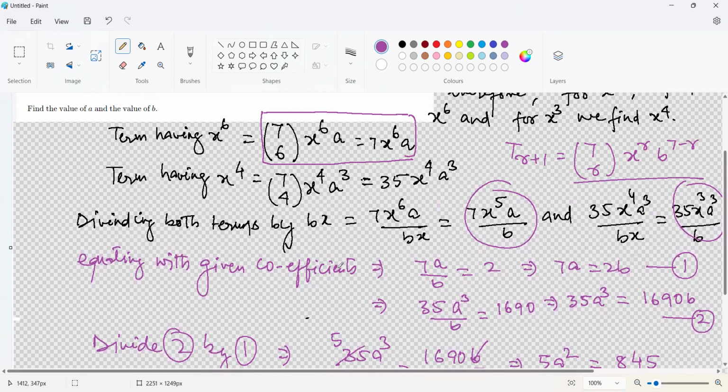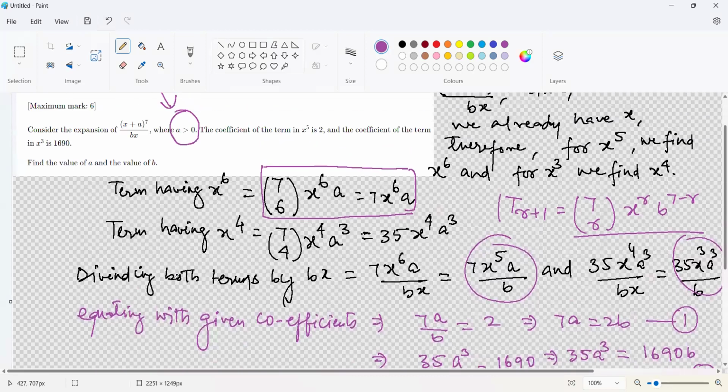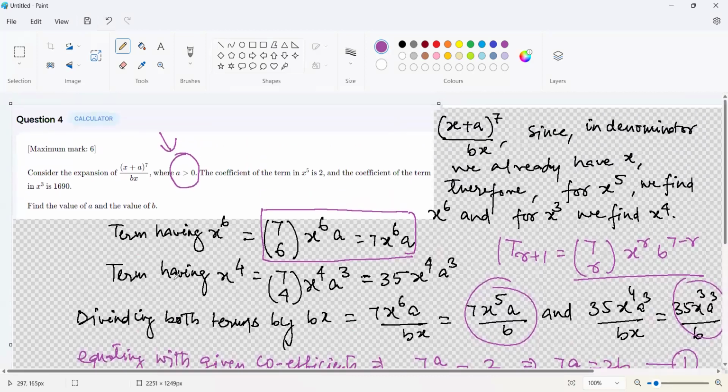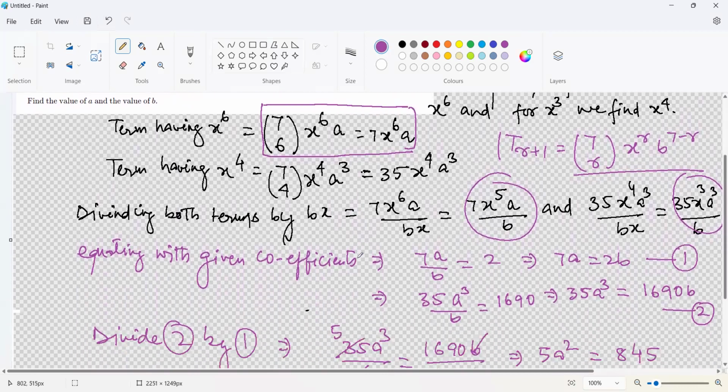But I just do not need to expand. I also need to divide that expansion with bx. So every term is divided by bx. So x raised to the power 6 term is 7x raised to the power 6a. That will be divided by bx. So x cancel. So it will be 7x raised to the power 5 a upon b.